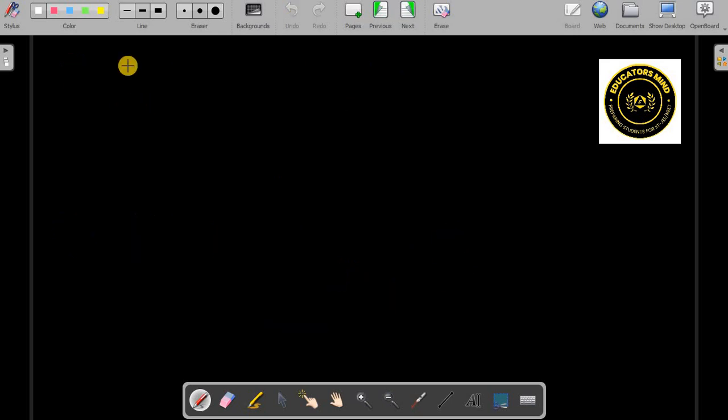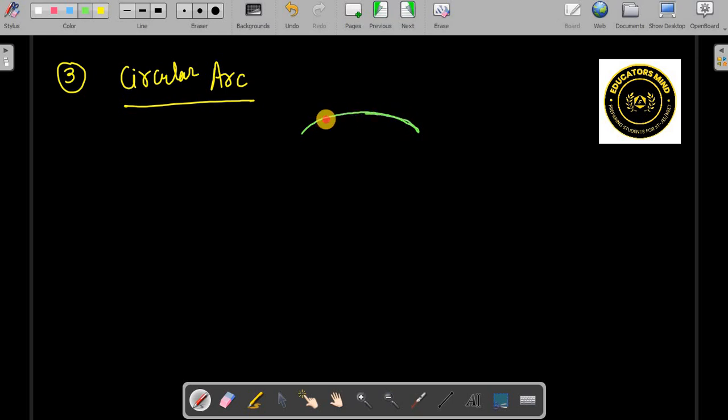Okay, next let's write down the result for the next figure. What if there is a circular arc? This is a general formula I am giving. A circular arc means, let us say, some arc like this, where mass is present.